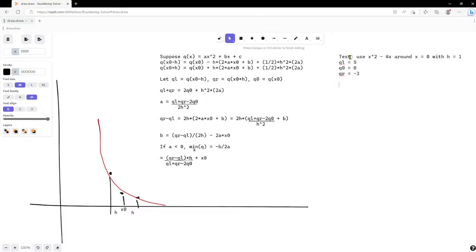So if I do QR minus QL, so we have negative 3 minus 5 times h, which is 1, divided by QL plus QR plus minus 3 minus 2 times 0.